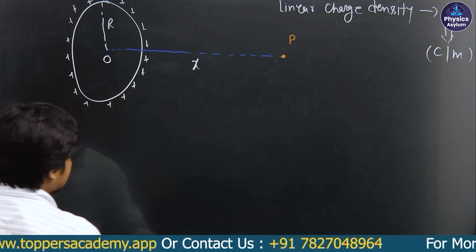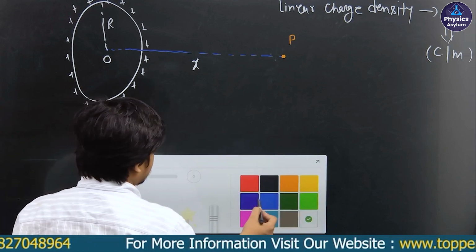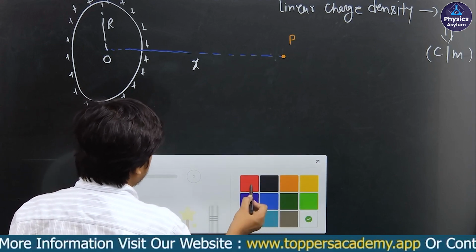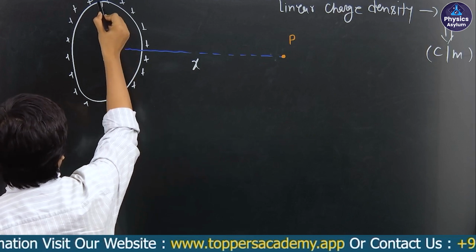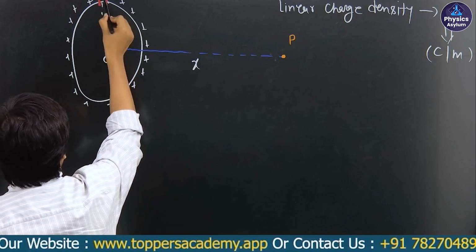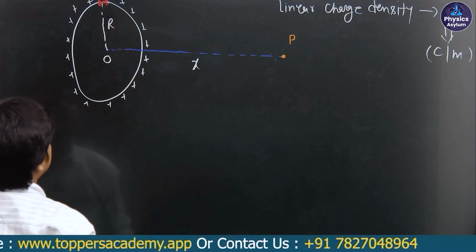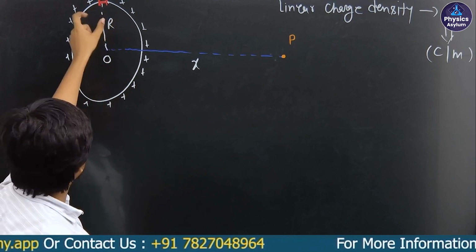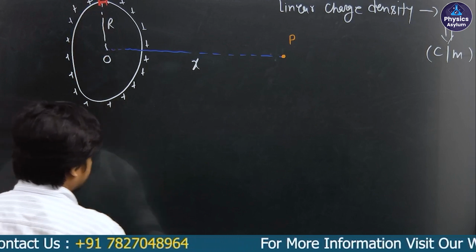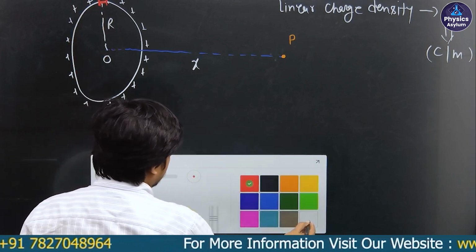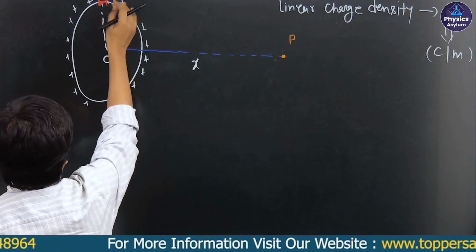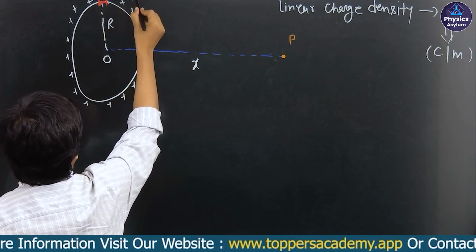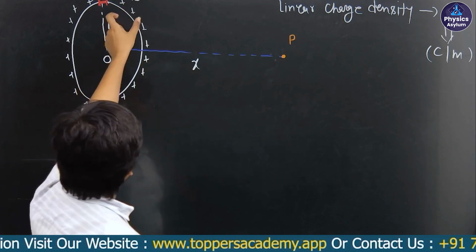Let me consider a small, infinitesimal charge element at the circumference of this ring. Let me take that this element has a length dl.